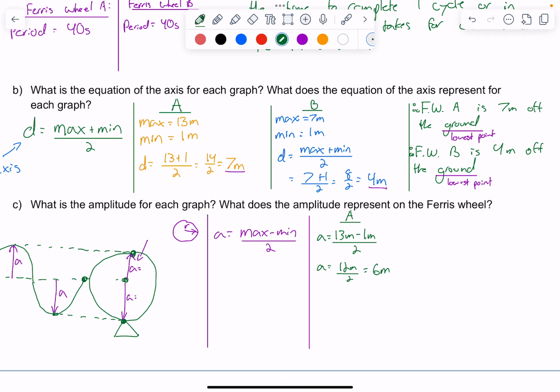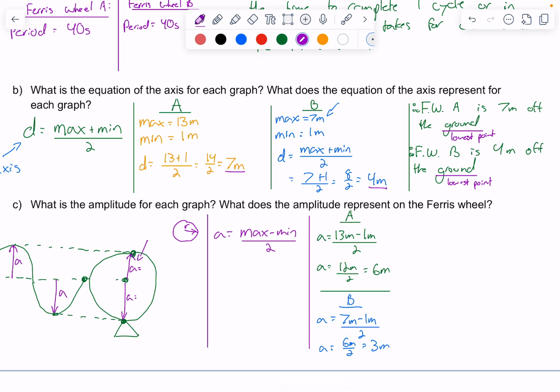So that means that Ferris wheel has a radius of 6 meters. And if you do it for B, well, our A value is max, so in this case it's 7 meters minus 1 meter. Divide that by 2. That's 6 meters over 2, or 3 meters. So that's a radius of 3 meters.